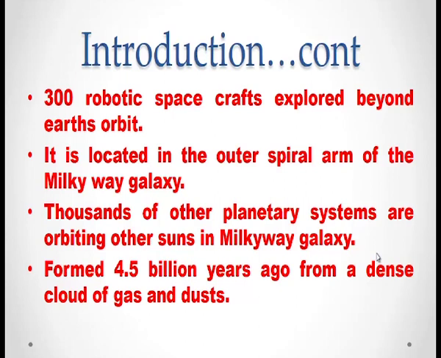Thousands of other planetary systems are there in our Milky Way galaxy. For each planetary system, there is a sun. So, thousands of other planetary systems are orbiting other suns in the Milky Way galaxy. It is believed that this Milky Way galaxy was formed some 4.5 billion years ago from a dense cloud of gas and dust.